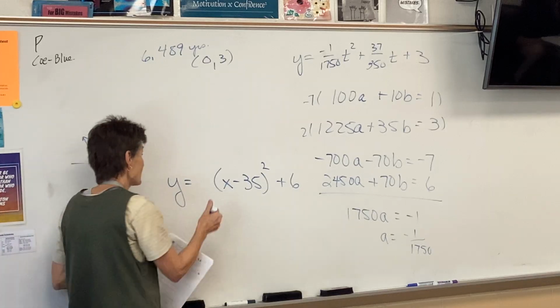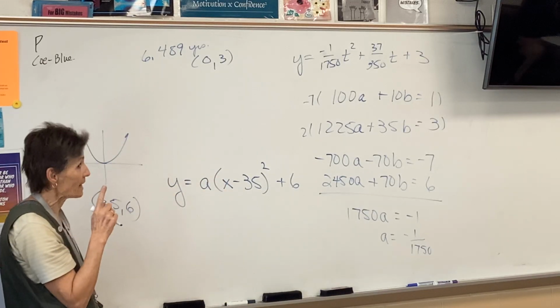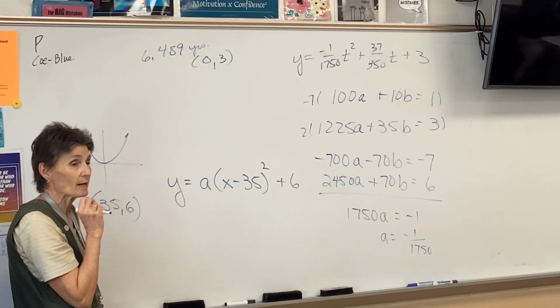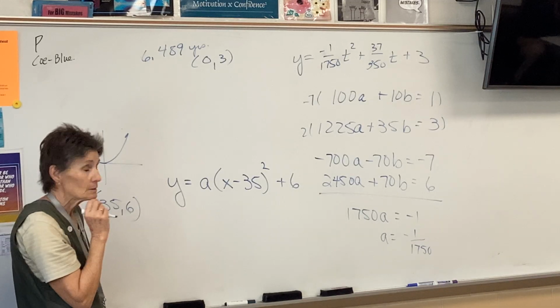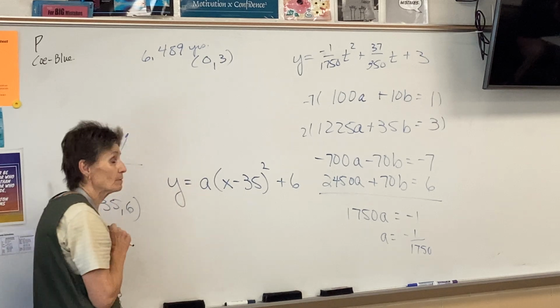Now, there's a number out here in front. I don't know what it is. I know it's negative. I don't know what it is. How could I find that number? Pick another one of my points and plug it in and figure it out.